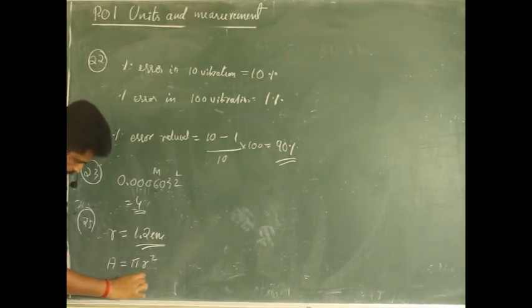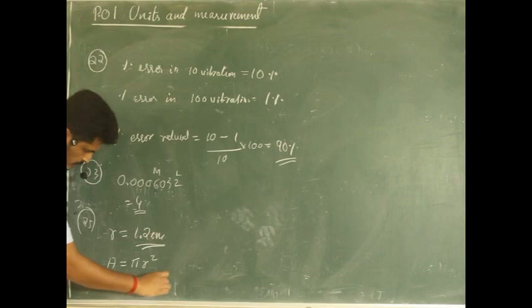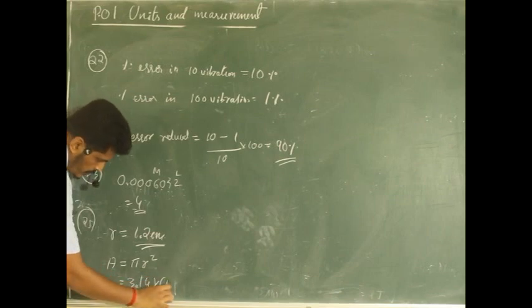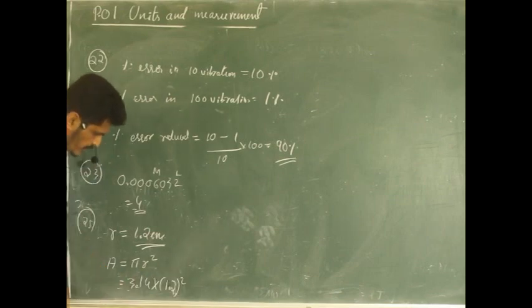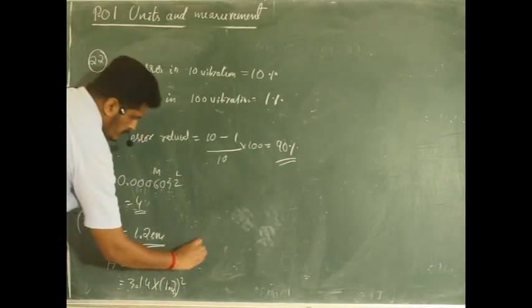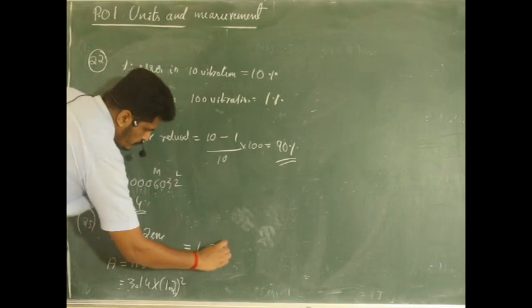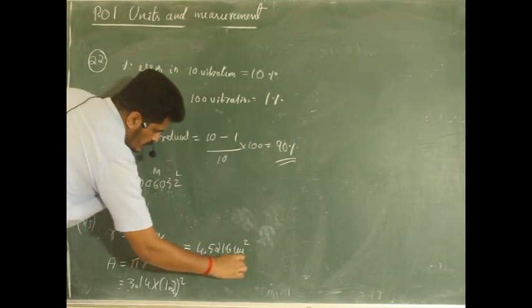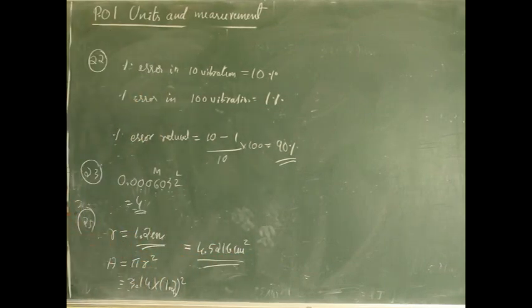So 3.14 I will take into r square, so 1.2 square. Answer: after multiplying and taking the square of 1.2, what we get is 4.5216. 4.5216 centimeter square is the answer we get according to the normal calculation.